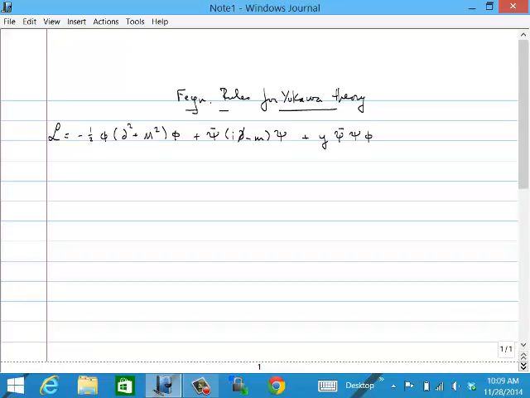And so the way that we study scattering in this theory is, well, first of all, for each external fermion state, we need to specify a spinor that tells us what the spin of that particle is.